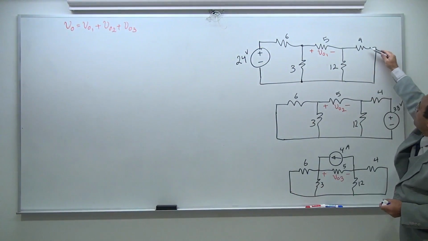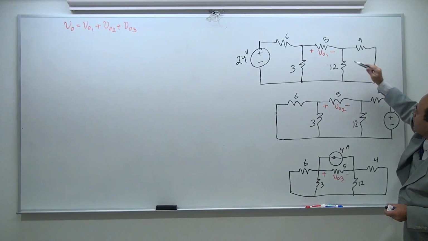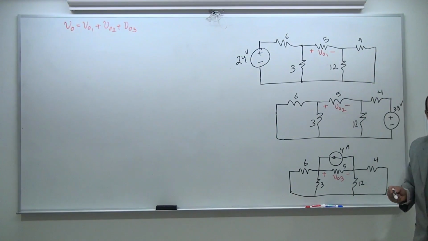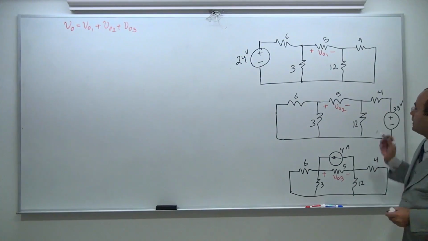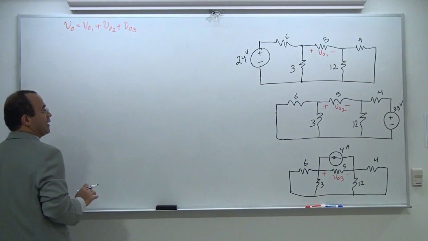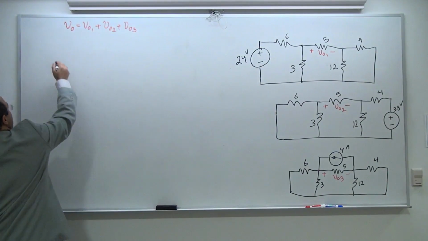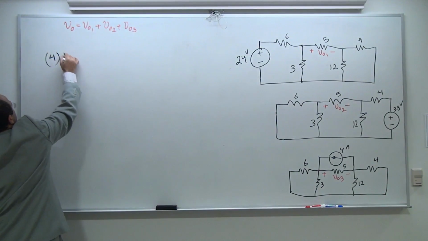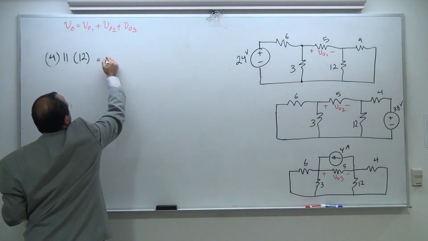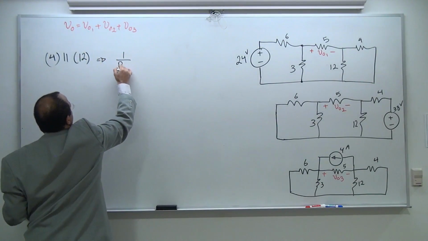I am now mature enough to see 4 and 12 are in parallel. They see each other at one end and they see each other at the other end. We need to make that decision relatively fast because we don't have time to make a mistake. 4 and 12 are in parallel. 4 ohm in parallel with 12 ohm, and the result I'm going to call R equivalent.